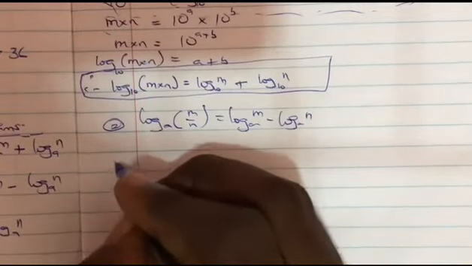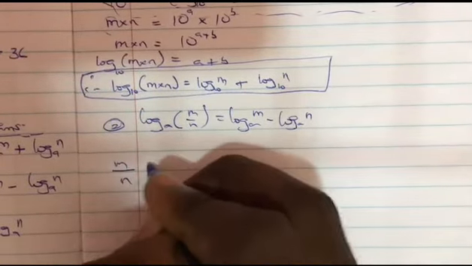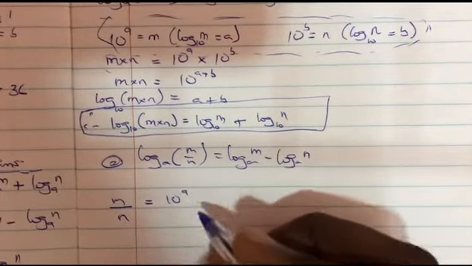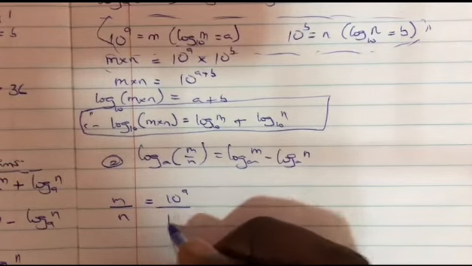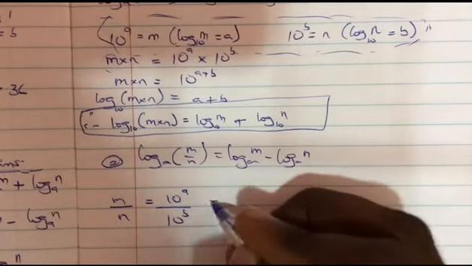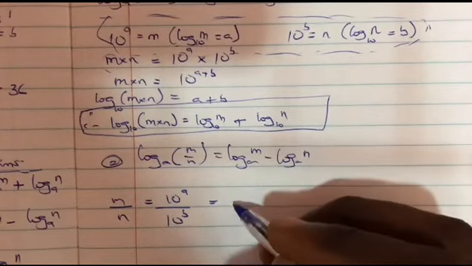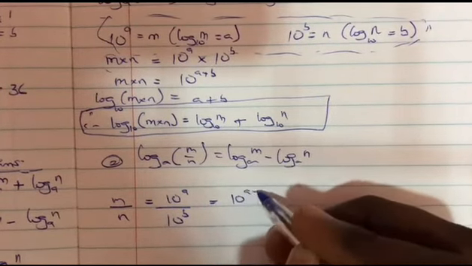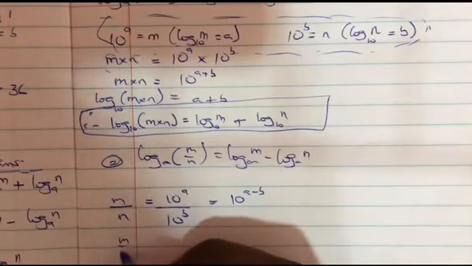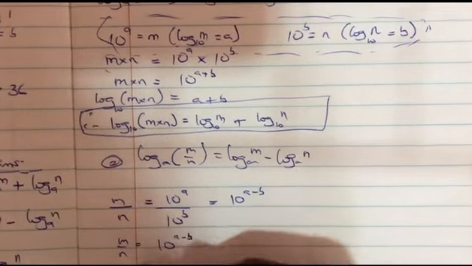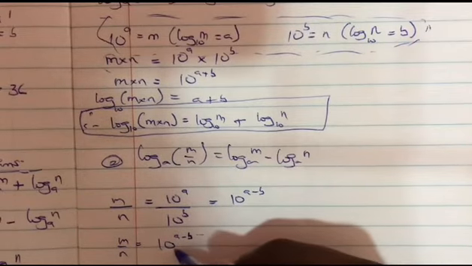So m divided by n will be equal to 10 exponent a divided by 10 exponent b, and according to the rules of exponential equations, this is the same as 10 exponent a minus b. So therefore m over n is equal to 10 exponent a minus b.